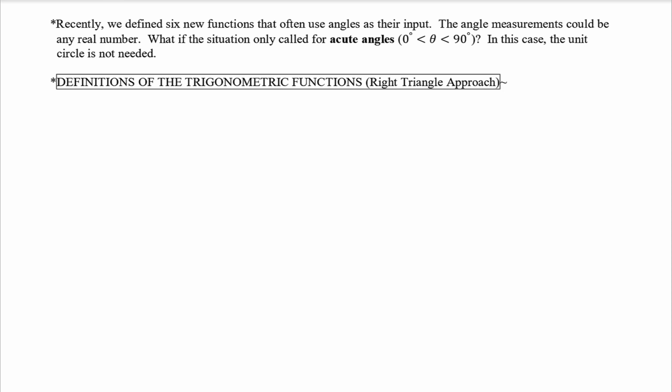If you only work with angles bigger than 0 but less than 90 degrees, basically any angle that would fit inside a right triangle, then you don't need the unit circle definition. Now you can, there's nothing wrong with it, but you don't need it. You could get rid of the coordinate plane and the circle completely and just deal with a right triangle.